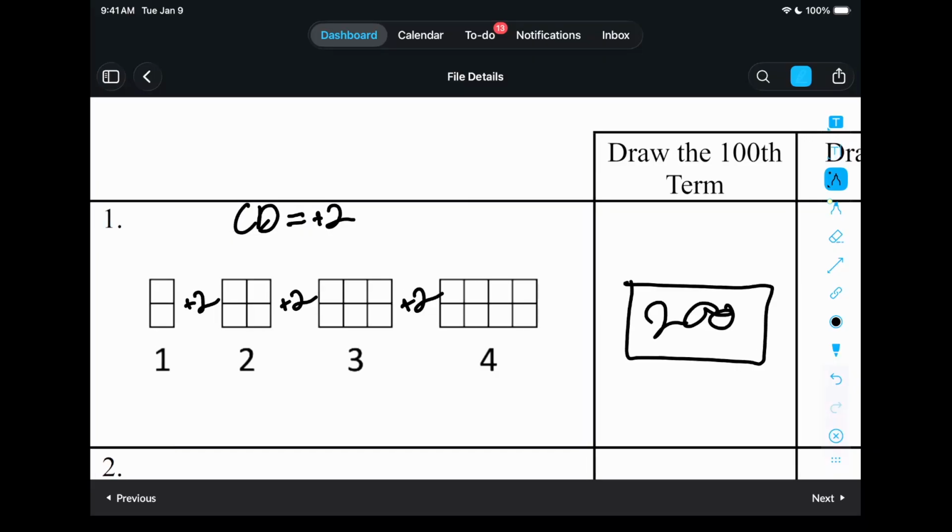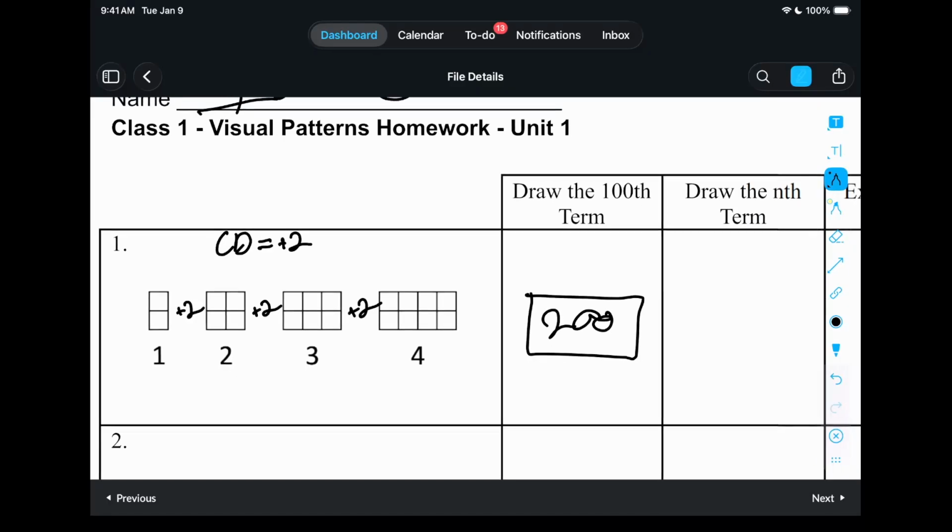Okay, so we kind of already did the nth term figure, but like in words. And that would be 2n. Because that's like what we were saying here. Like for the second figure, there's 4 boxes, which is like double the figure number.